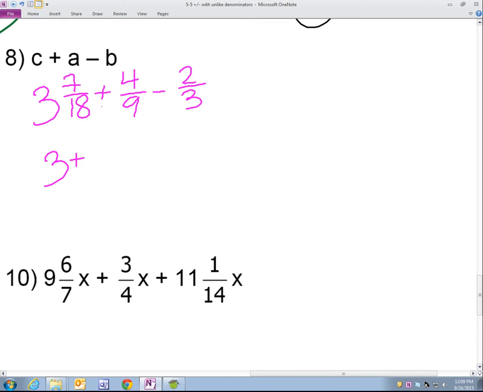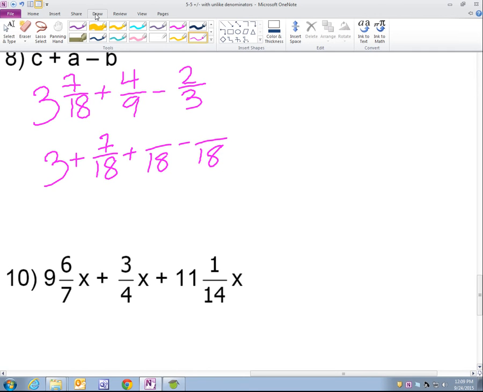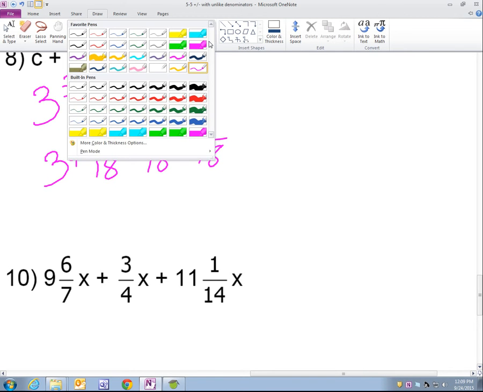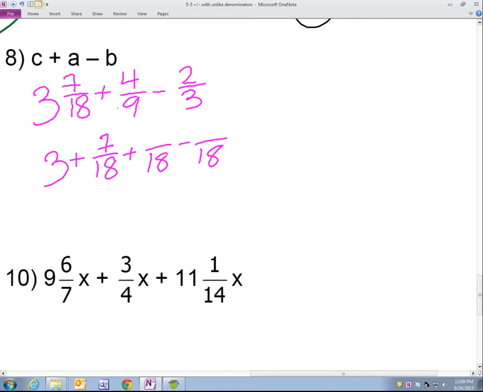So we have 3 plus 7/18 plus something over 18 minus something over 18. What do I need to do to 9 to get it to be 18? Haley? Multiply it by 2. I need to do the same thing here. To get 3 into 18, I have to multiply by 6.